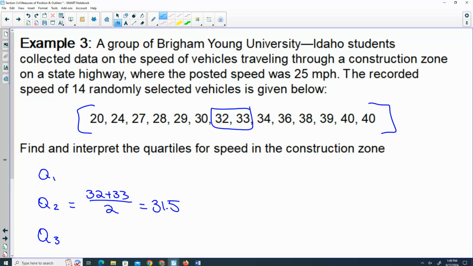So our second quartile is 31.5. Not 31, 32.5.